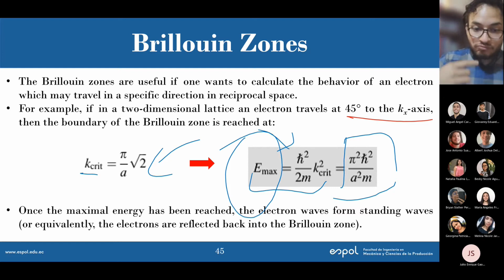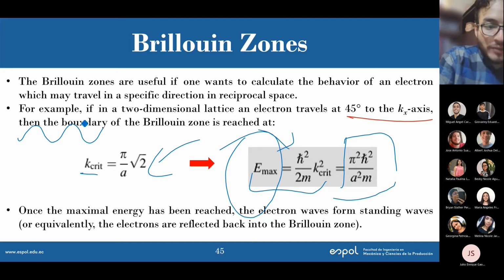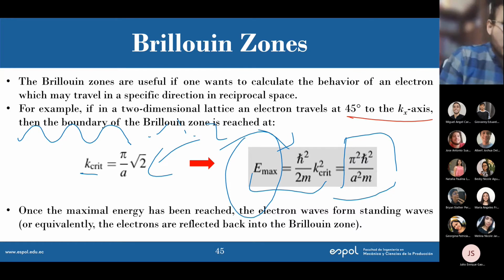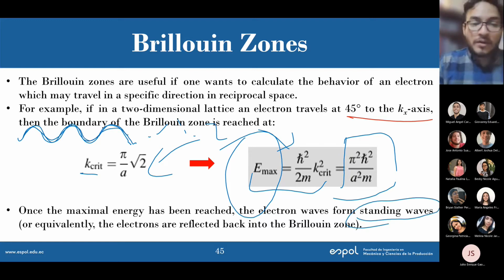Once the maximal energy has been reached, it's like forming electron waves, right? But then, boom, it reaches there, and it's not going to keep going. So it's like, oh, I have to go back, back into the brilliant zone, and it comes back. It comes back, it comes back, and that's why it becomes a standing wave. Because it's not going to move from there.